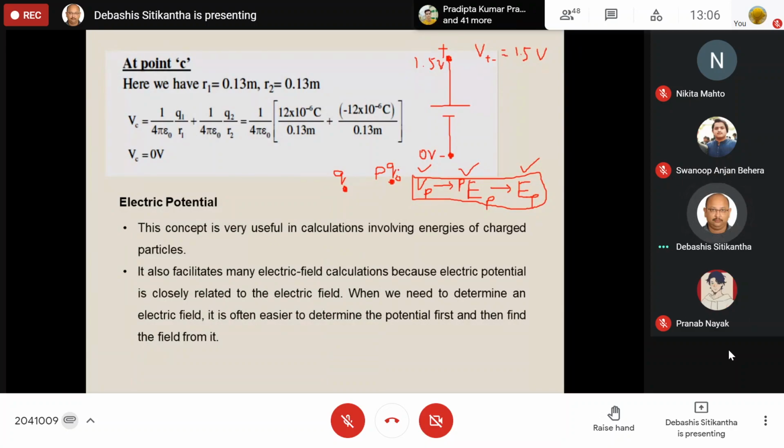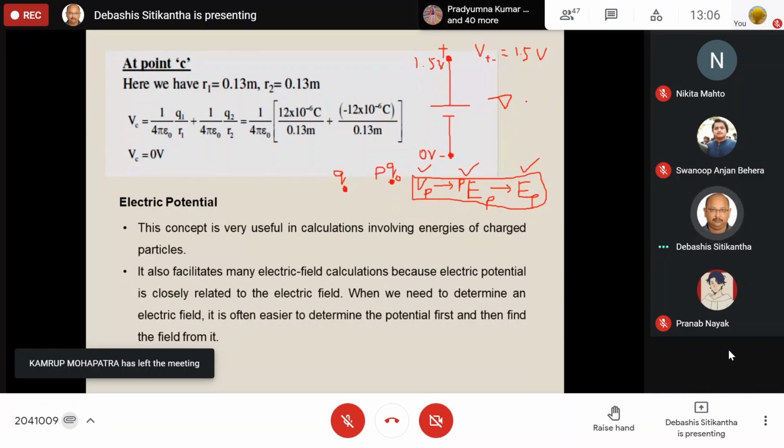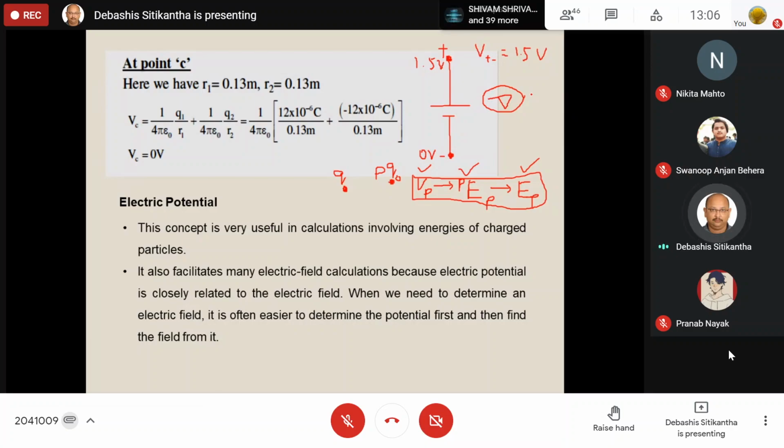And over there, I will introduce a vector operator known as the del operator. This del operator will be responsible for converting either a vector quantity to a scalar quantity or a scalar quantity to a vector quantity. So we'll see the importance of this del operator in the last subchapter of this particular chapter number 23.